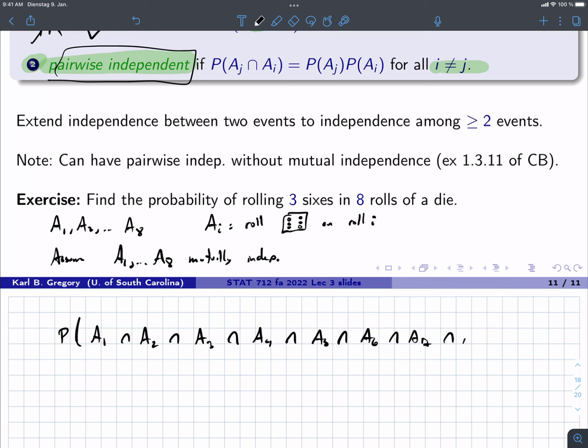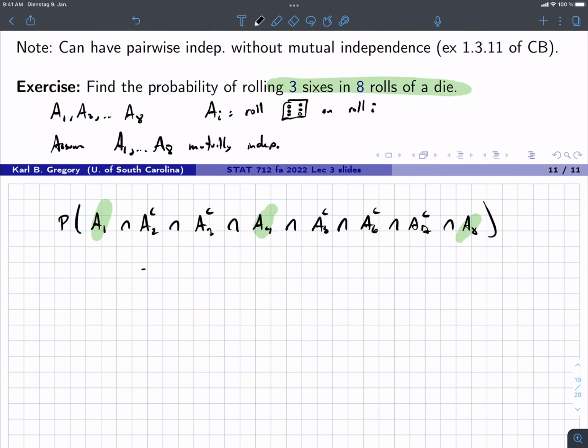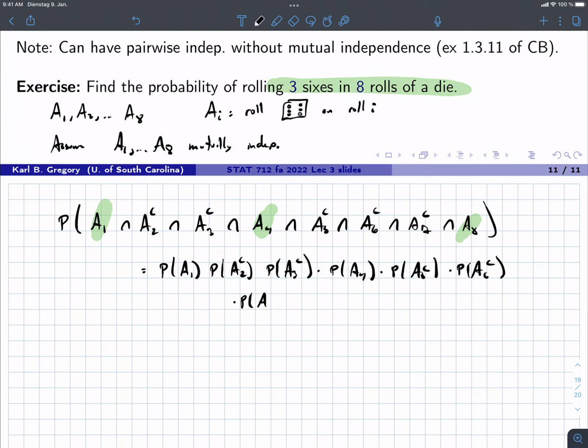So if I roll a 6 3 times, that's what I'm interested in, then it means I roll not a 6 the other 5 times. So these 3 times I'm rolling a 6, let's say. I would compute the probability of this as just the product of the probabilities. So probability of A1, times probability of A2 complement, times probability of A3 complement, times probability of A4, times probability of A5 complement, times probability of A6 complement, times probability of A7 complement, times probability of A8.